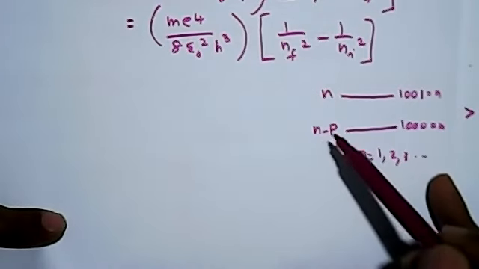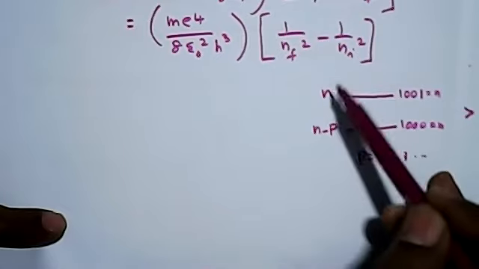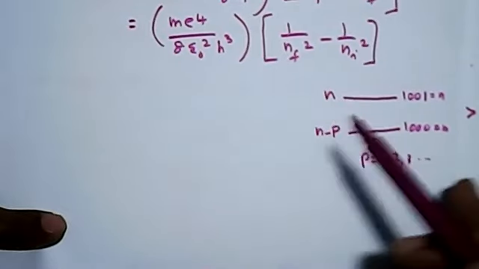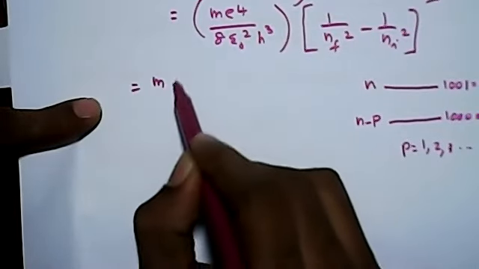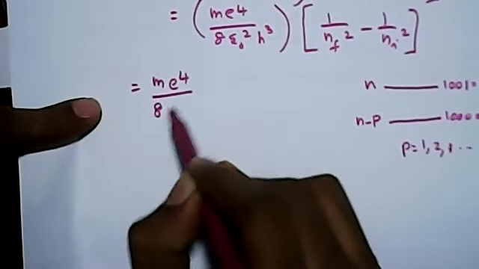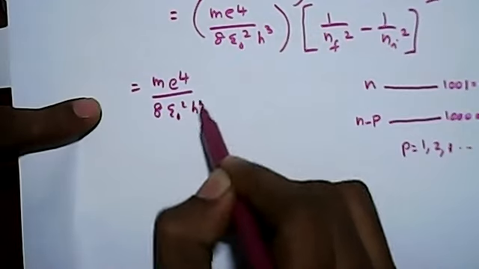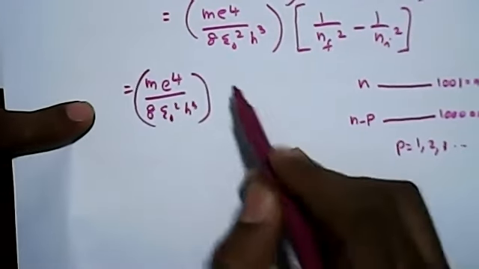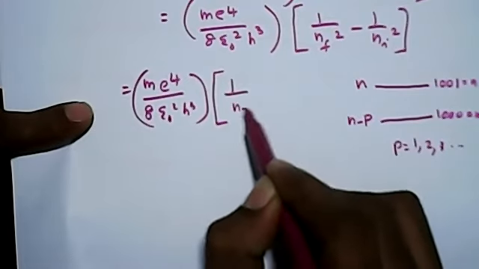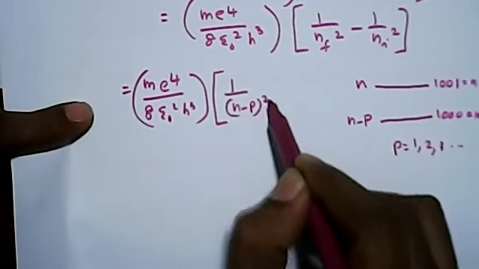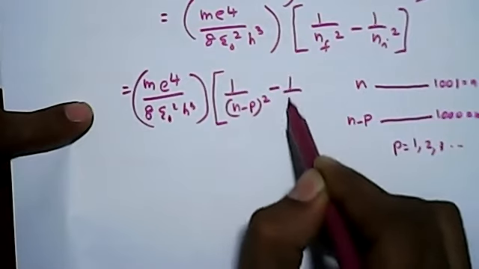Nf is n minus p, ni is n. So this can be written as nu equal to m e to the power of 4 by 8 epsilon 0 square h cube into 1 by n minus p square minus 1 by n square.